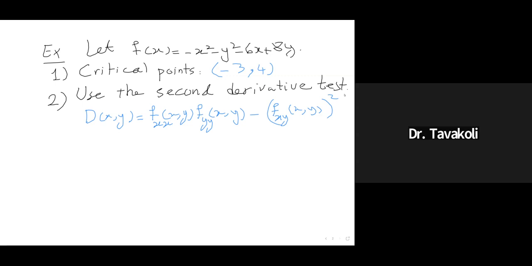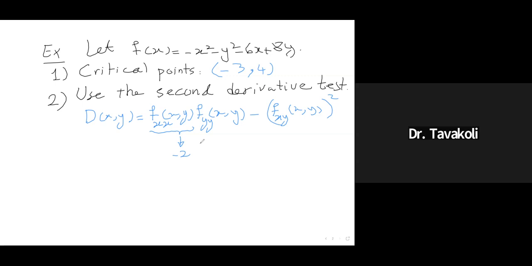You can easily see that if you differentiate the given function with respect to x twice, you will find this is going to be -2. We don't even see x or y in that.